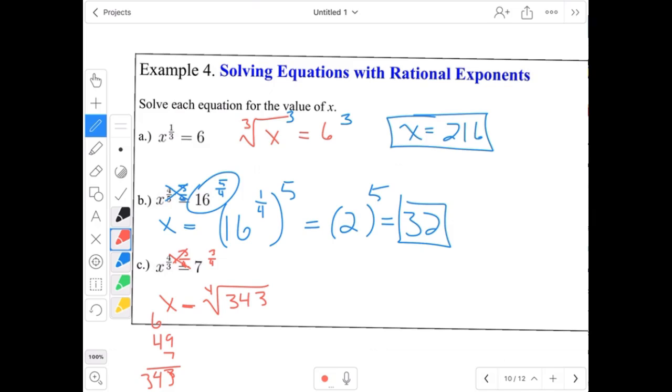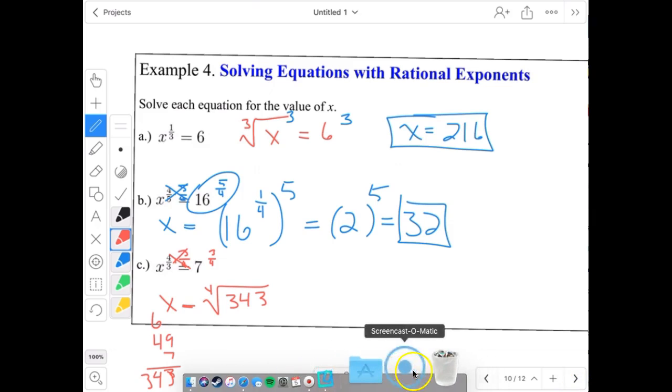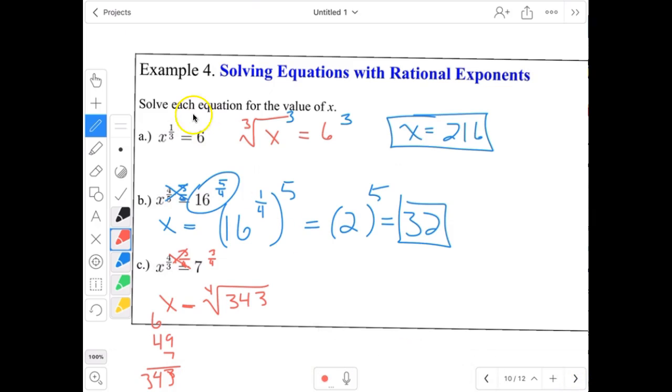I wonder if that's going to be 4. So 4 to the 4th would be 256. There's actually not going to be anything special about that. That'll just be x equals the 4th root of 343.